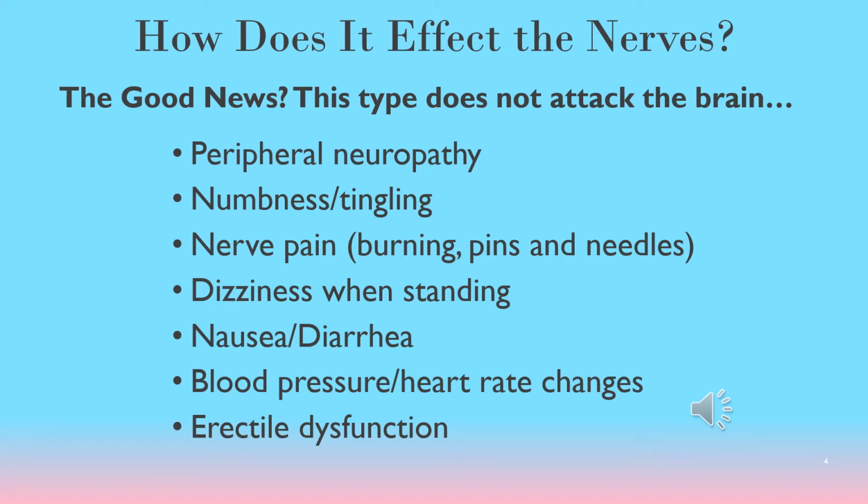So anything to do with needing a nerve stimulus or needing a nerve impulse can be affected as far as this particular type of amyloidosis. And that's one of the things that you have to look at, especially if you have a person that has problems with carpal tunnel syndrome.